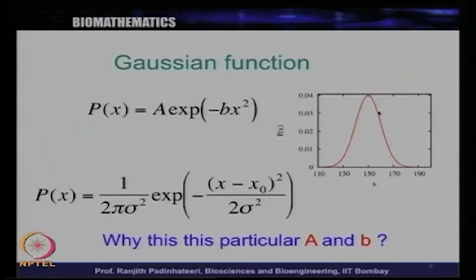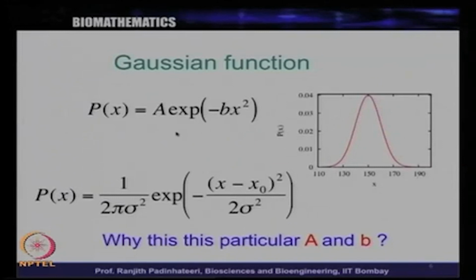There are just two parameters that describe this normal distribution. We will discuss that, but just by plotting this function, taking values for a and b and different values of x, you will get this Gaussian, this particular bell shape.